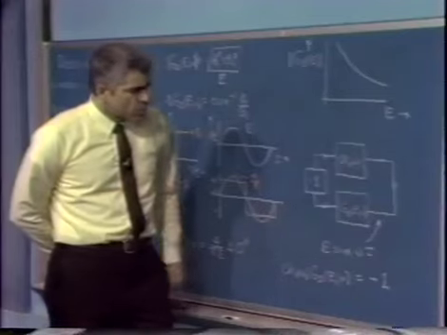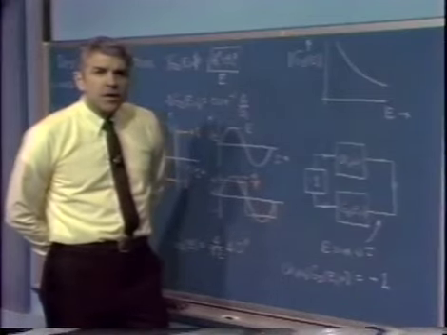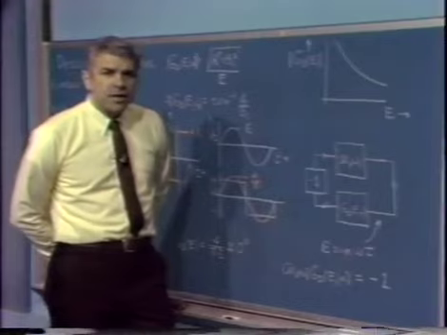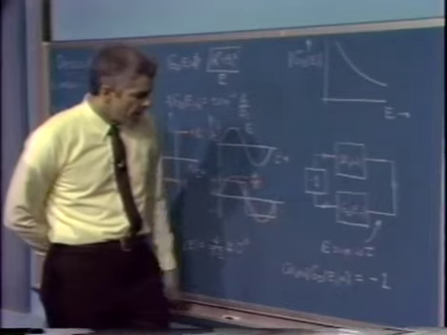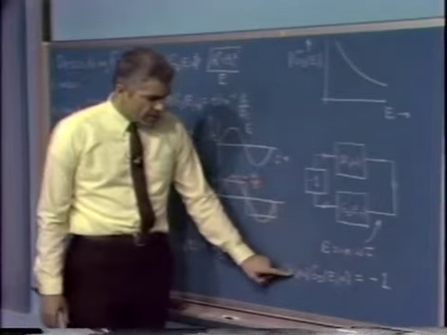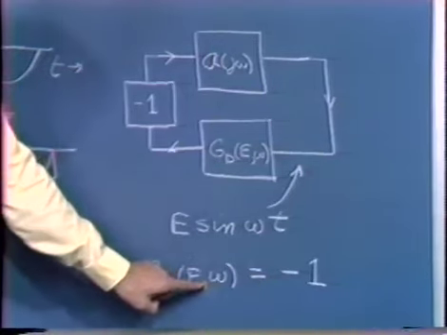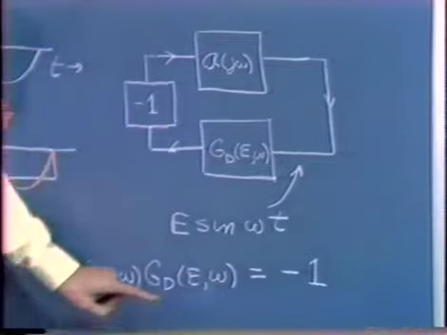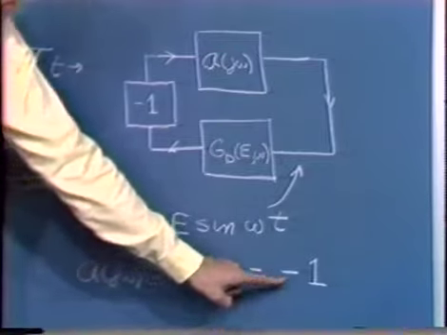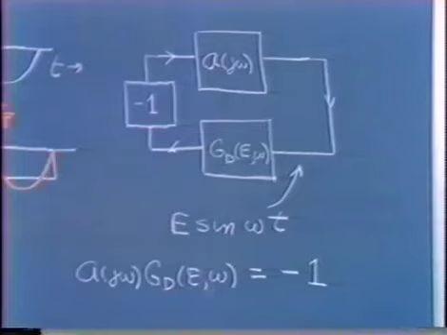But oscillations may be possible for combinations of amplitude E and frequency omega such that A of j omega times g sub d of E, omega, that product is equal to -1.